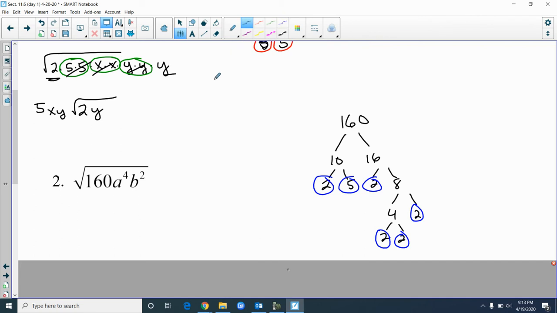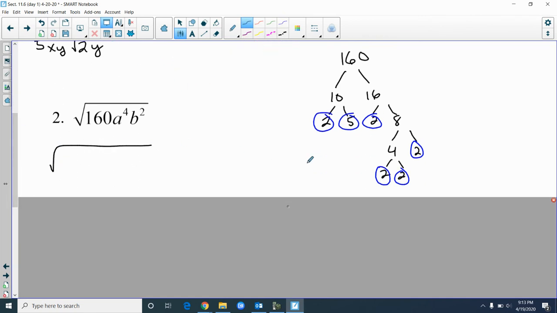All right, now for this one, I'm going to list them all out as well. I get square root. How many 2's do I have? 1, 2, 3, 4, 5 2's. I have a 5. A to the 4th means I have 4 a's. And b squared means I have 2 b's.